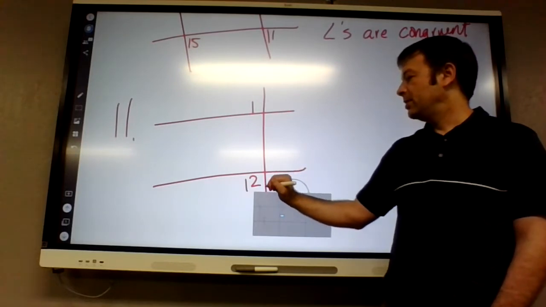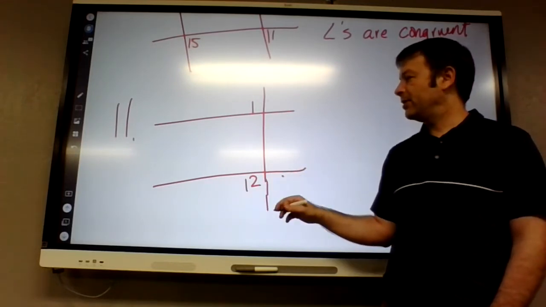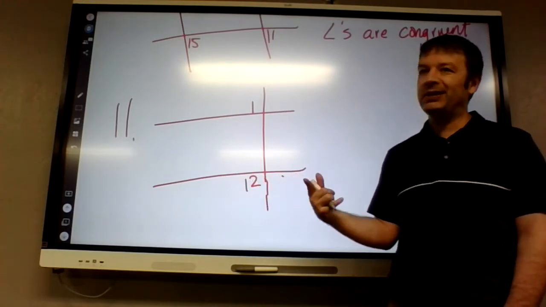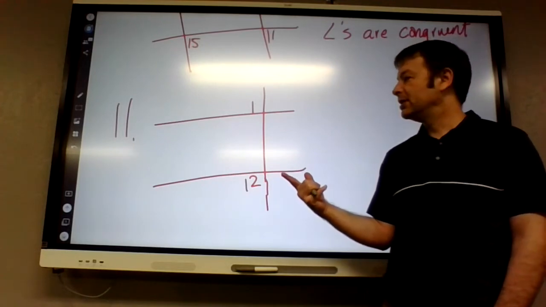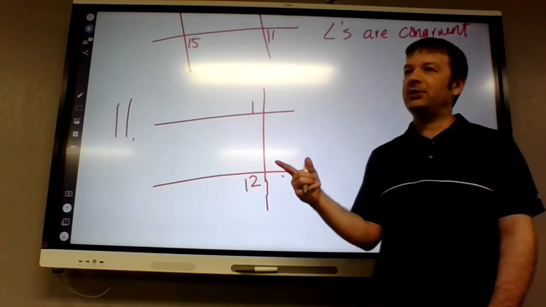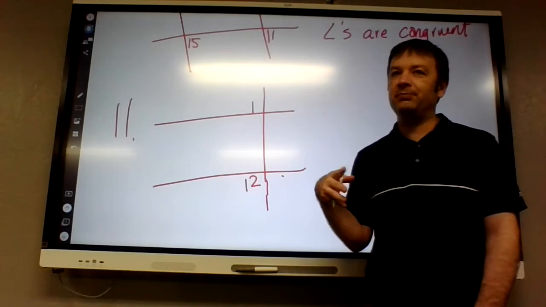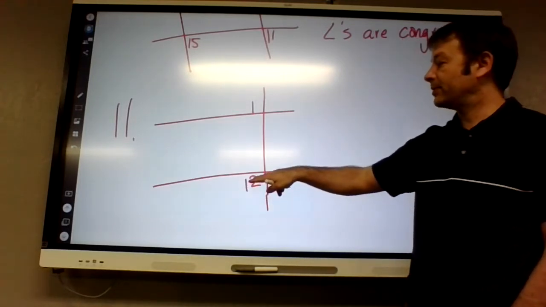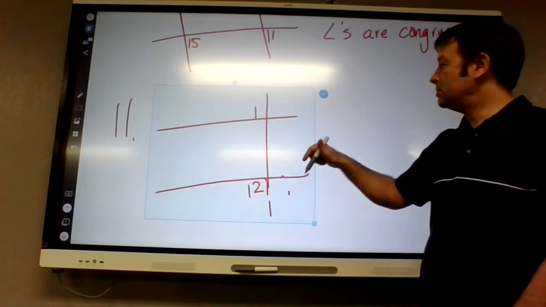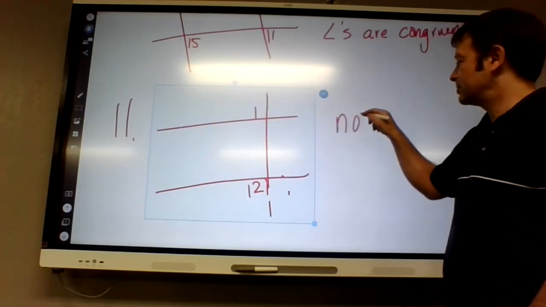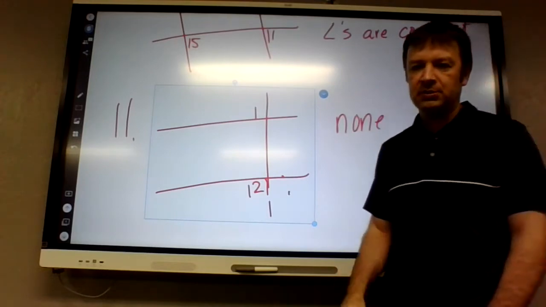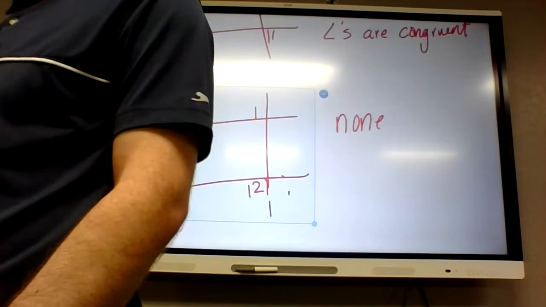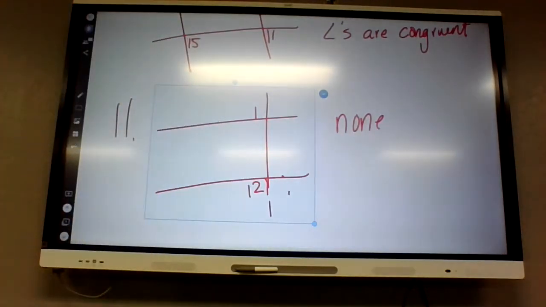Same side exterior. Okay, there's no such thing as same side exterior. They're nothing to each other, so if they're the same, we don't really know anything about this. So this is not one of our things. So the answer is none. They're not corresponding, they're not alternate exterior, they're not same side interior.